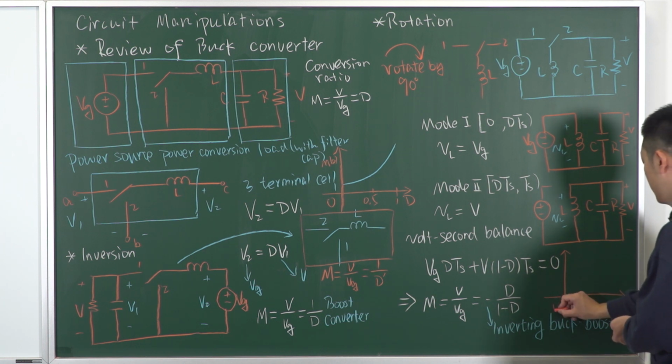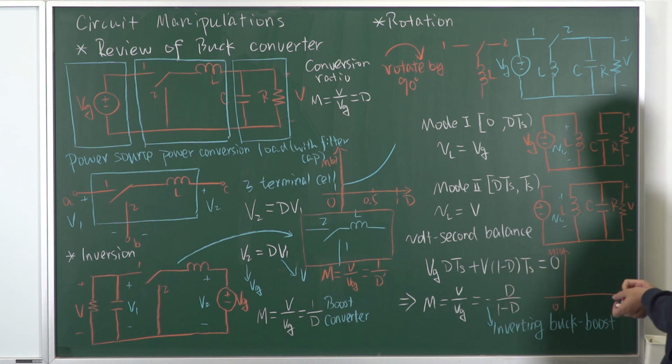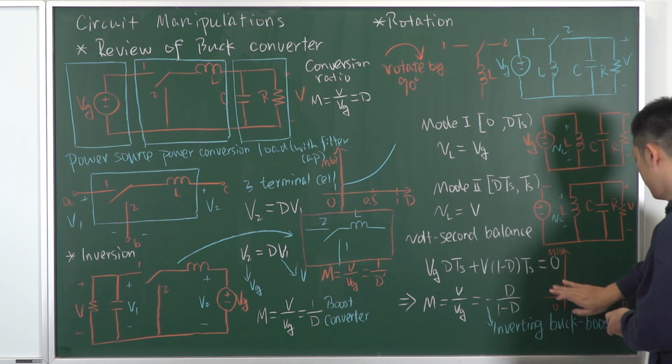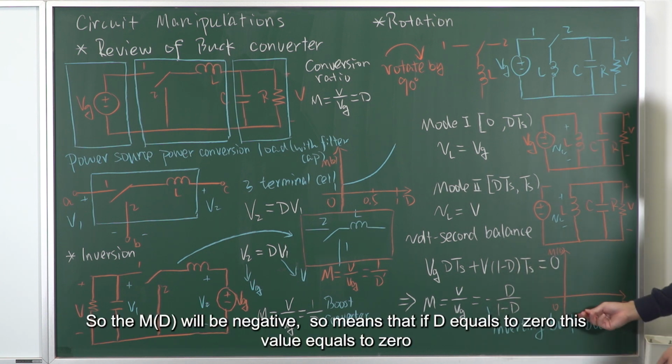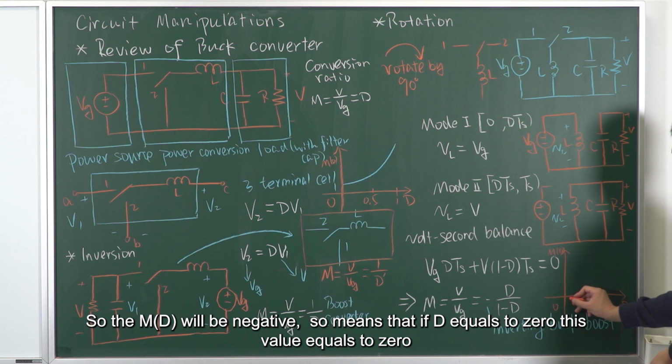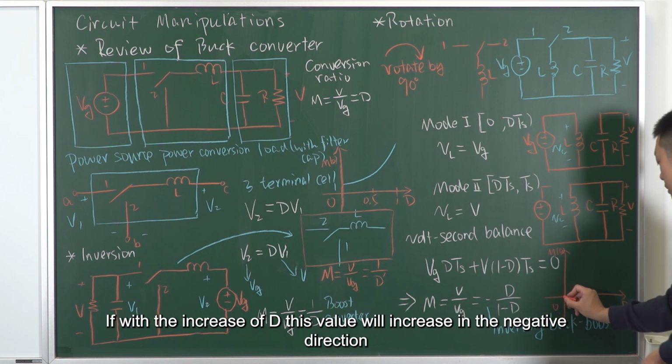D, M(D). So the M(D) will be negative, right? So it means that if D equals 0, this value equals 0. With the increase of D, this value will increase in the negative direction.